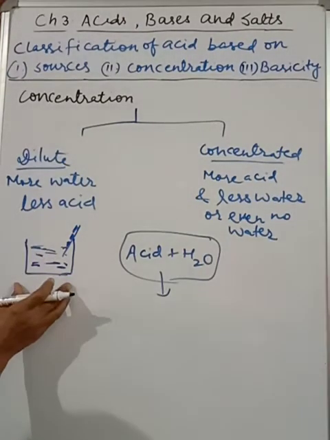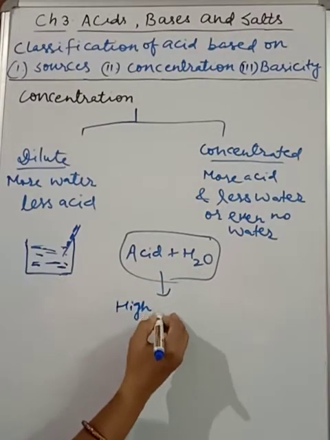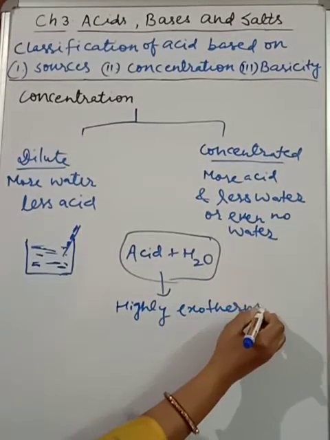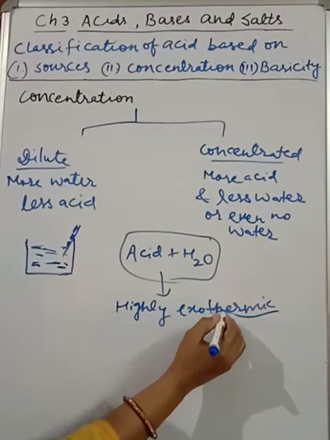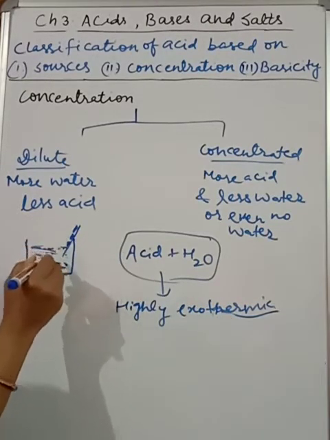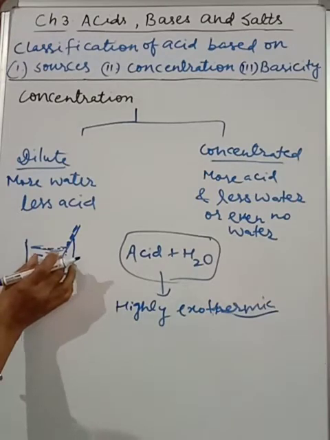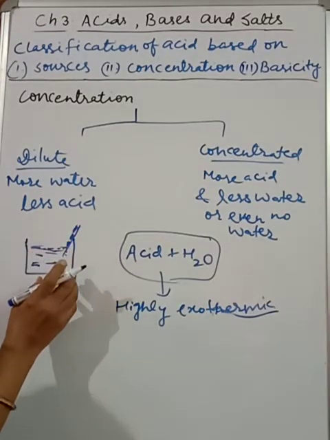Why are we doing it like this, children? Because the combination of these two is a highly exothermic reaction. So when we add acid to water, we should take precautions like continuous stirring and adding acid dropwise, so that the excessive amount of heat energy generated is uniformly distributed.